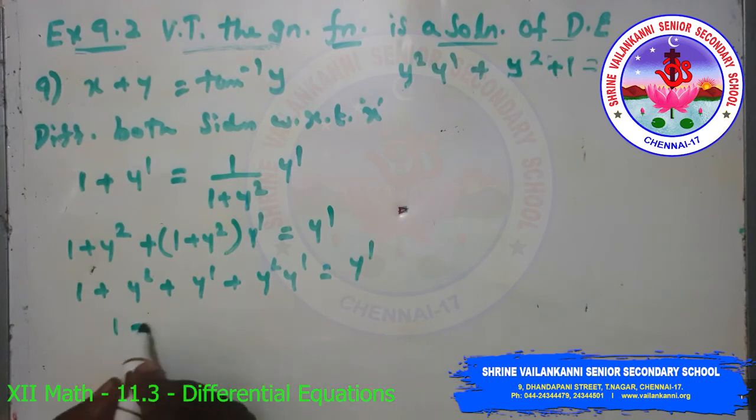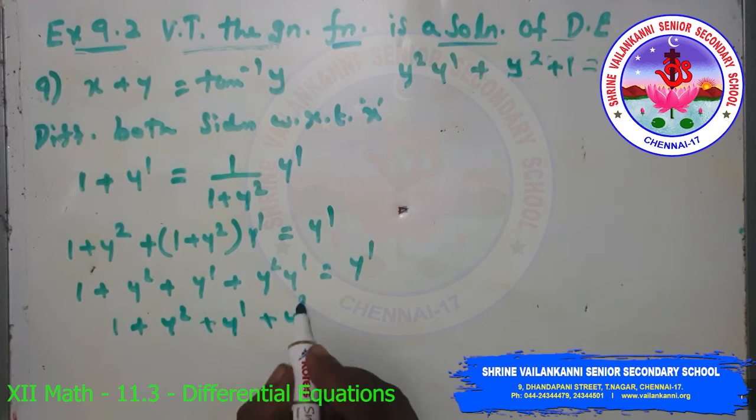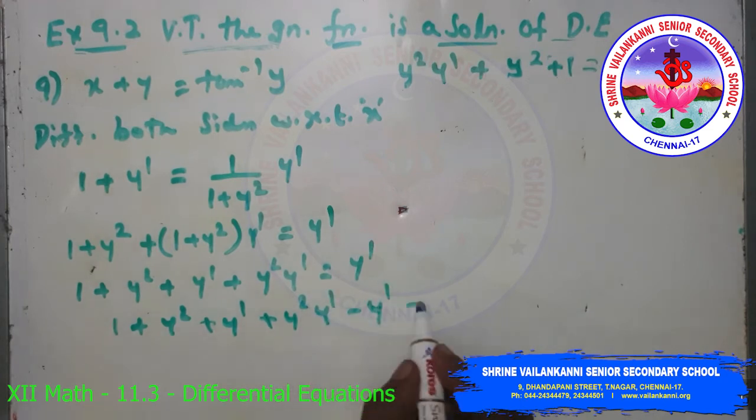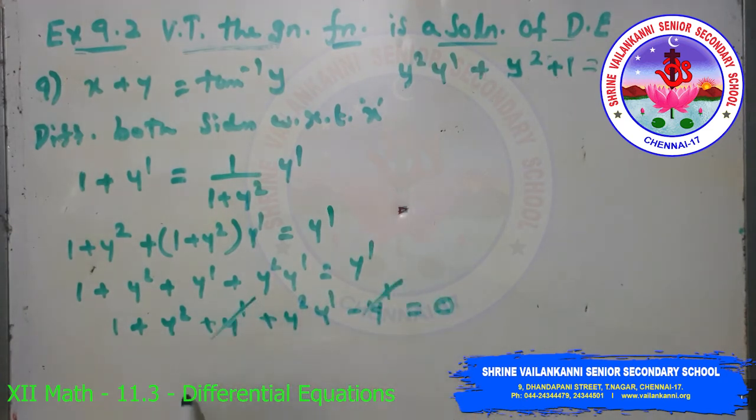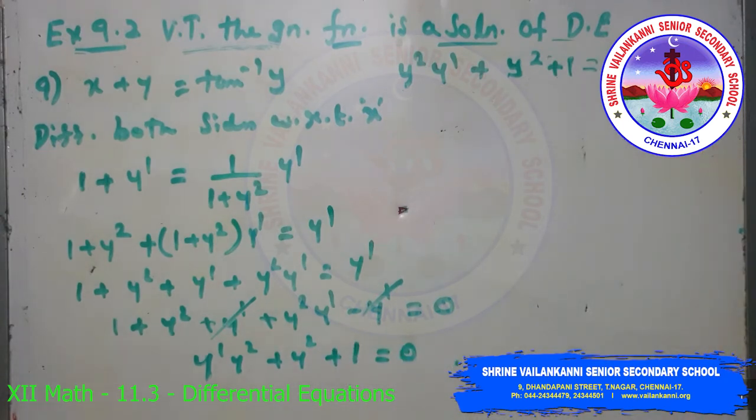So 1 plus y square plus y dash plus y square y dash minus y dash equals 0. Cancelling this, we get y dash y square plus y square plus 1 equal to 0, which is our differential equation, the same as the given differential equation.